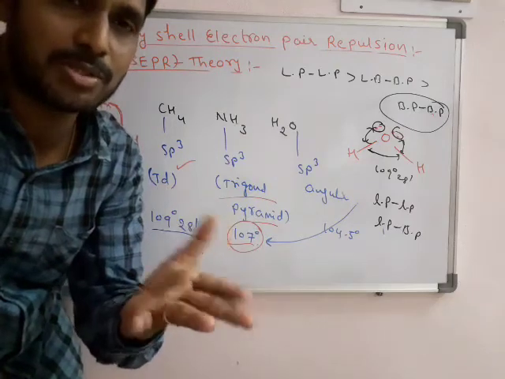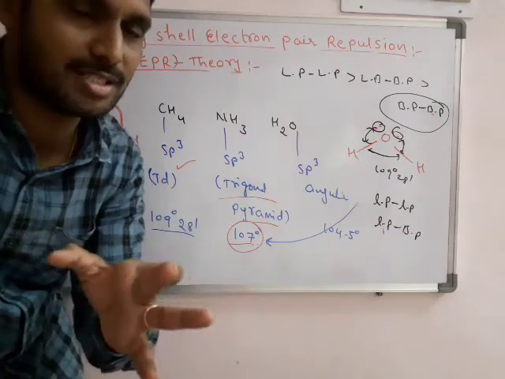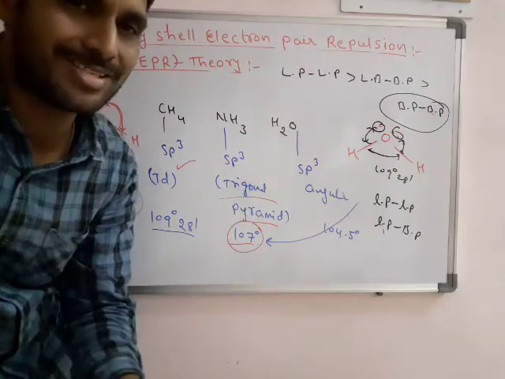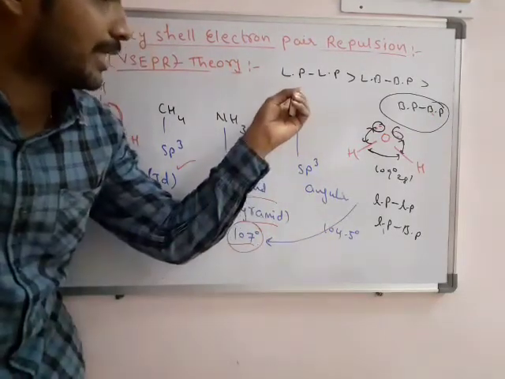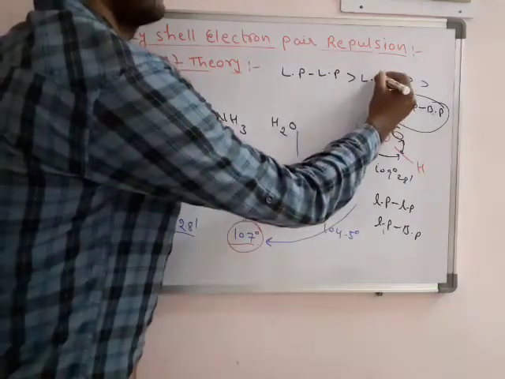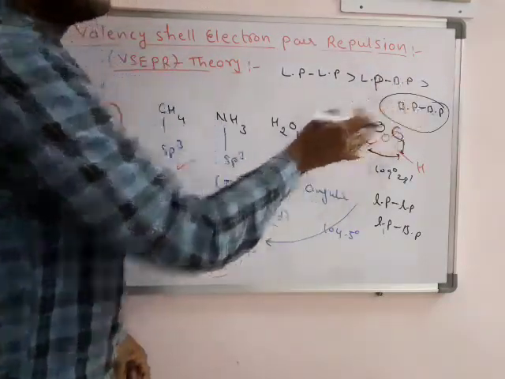The shape of the molecule changes, which means there is obviously a change in the bond angle. So what is the order of repulsion forces? LP-LP is greater than LP-BP, okay, and LP-BP is greater than BP-BP.